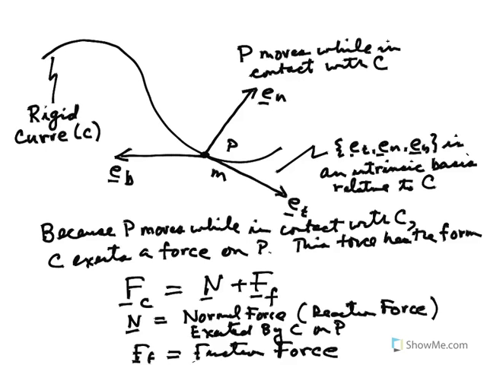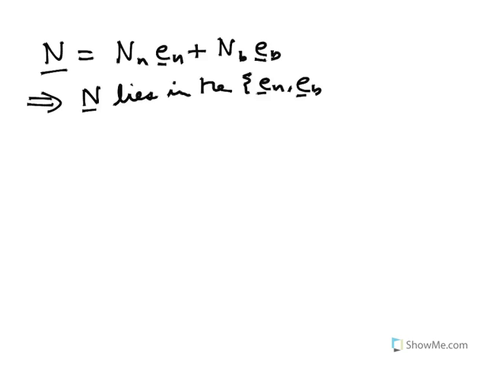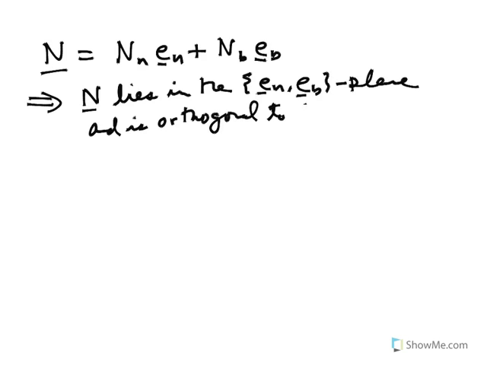Given that N has two components, one along EN and one along EB, that means that N lies in the EN-EB plane and is orthogonal to F sub f, because F sub f lies along the tangent vector.